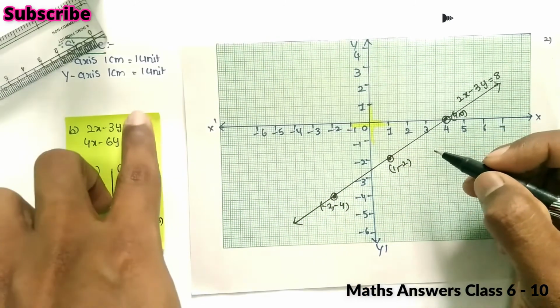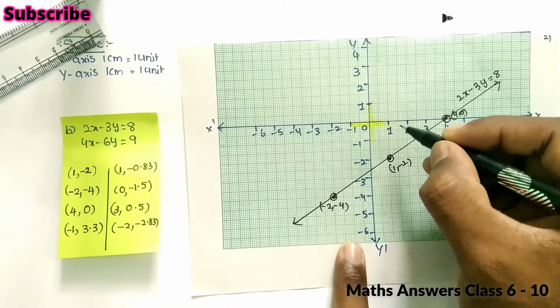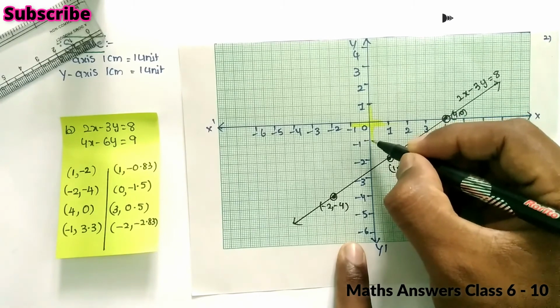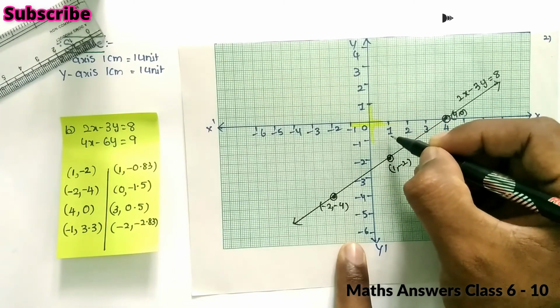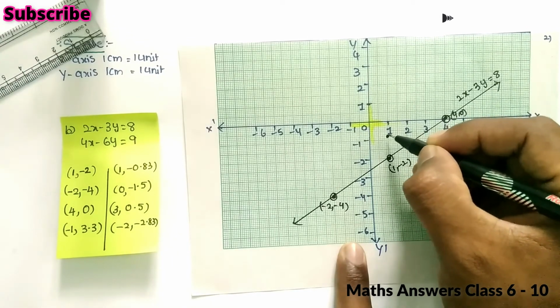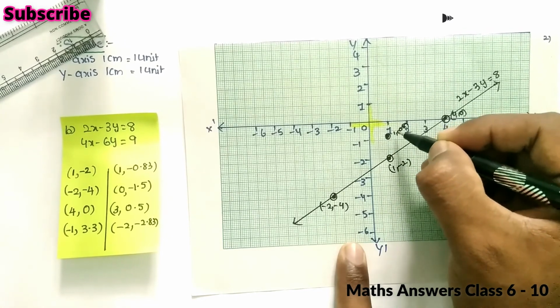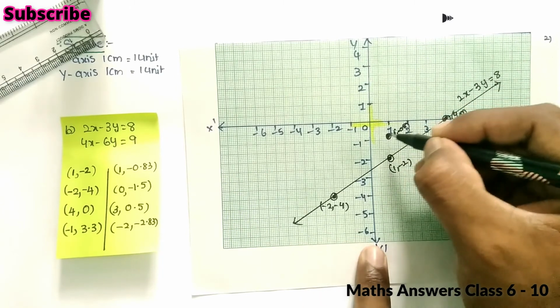0.83 means it is actually 8 mm after 0. So 1 comma minus 0.8 means from minus 1, before 8. So this is the point, from here 1, 2. So this is the point minus 0.8. So minus 1 comma minus 0.8, from 1 to 8 mm.